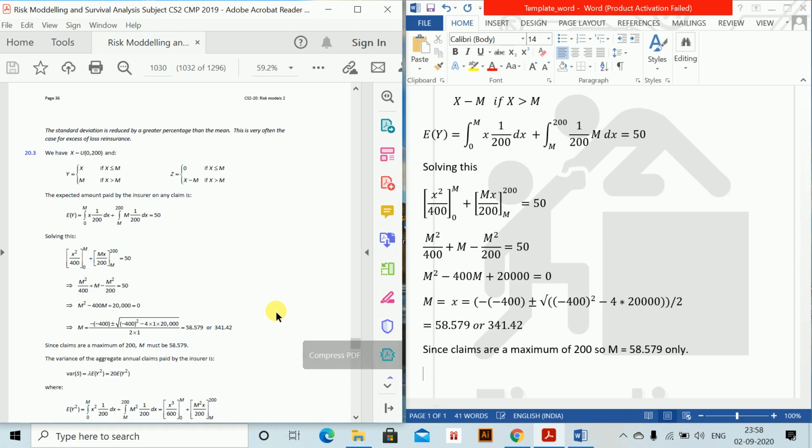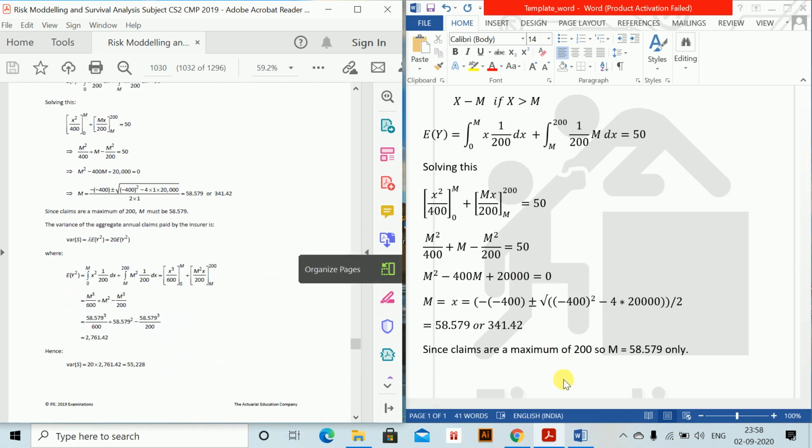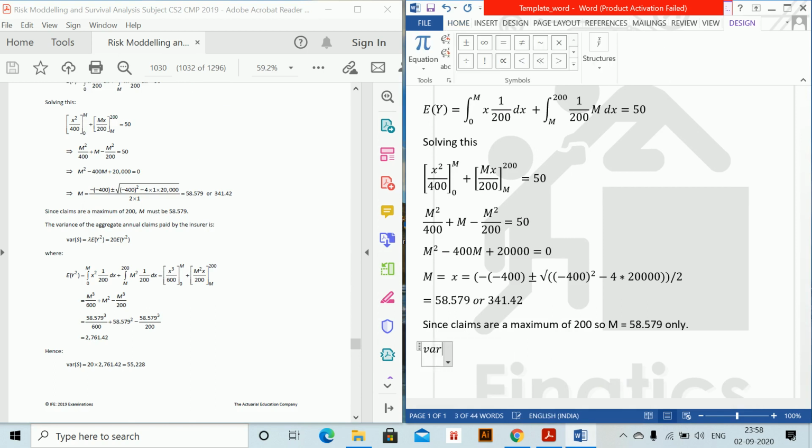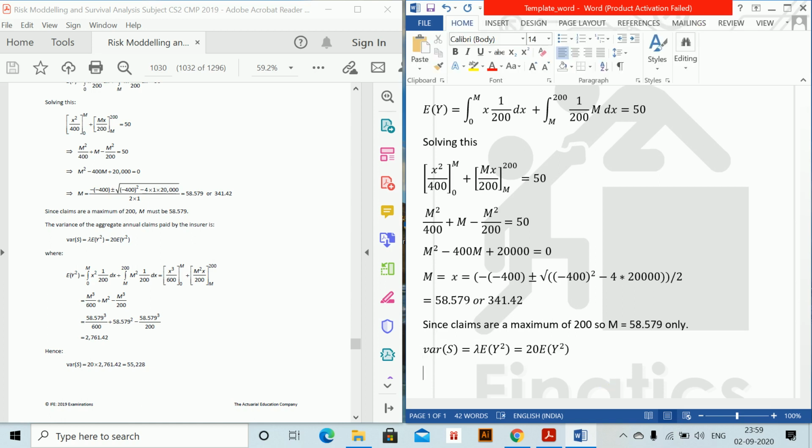Next, variance. Coming to variance, variance of S is equal to lambda times expectation of Y squared, which is equal to 20 times expectation of Y squared.